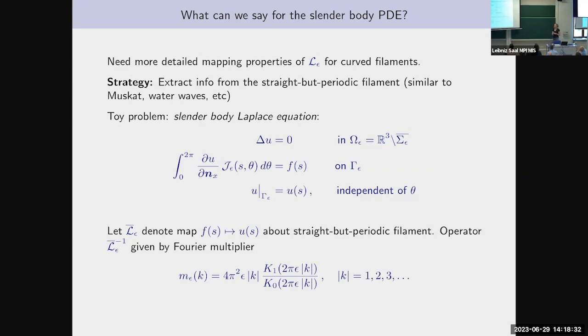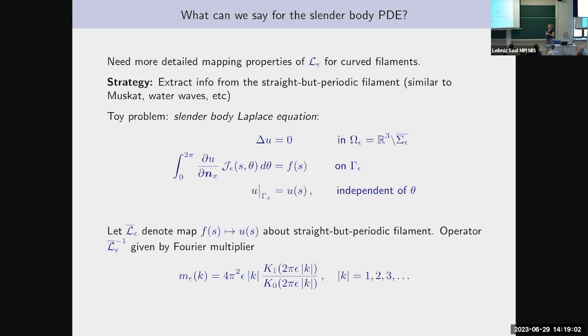And so I want to consider the slender body Laplace equation here. It's the same type of boundary conditions, where taking the total Neumann derivative per cross section is our f, and then u is independent of cross-sectional angle along the filament, right? So it's just the Laplace analog of this slender body PDE.